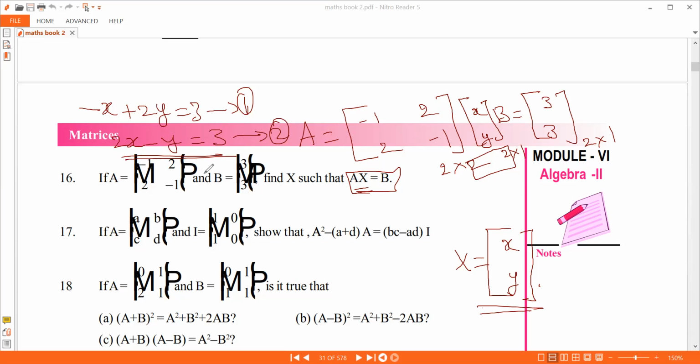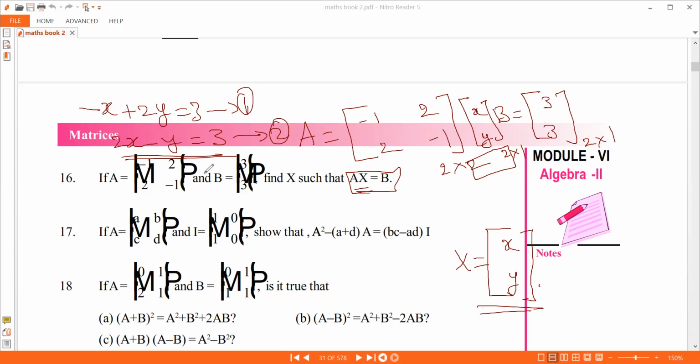So I can multiply with 2 on the 2x minus y. It will be 4x minus 2y equal to 6. Yeah, very good.